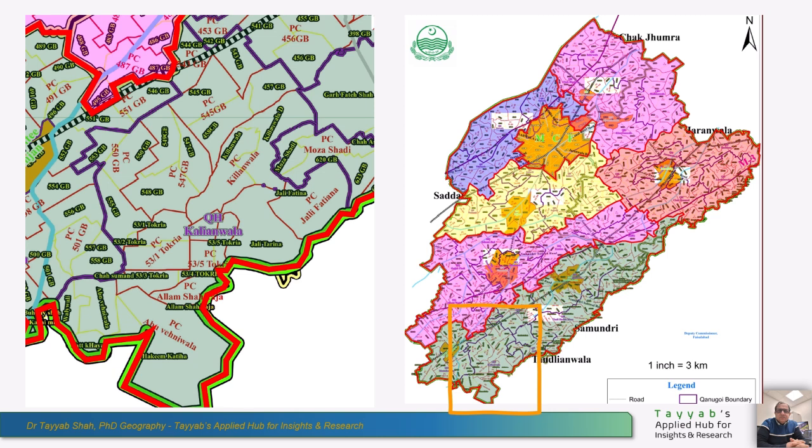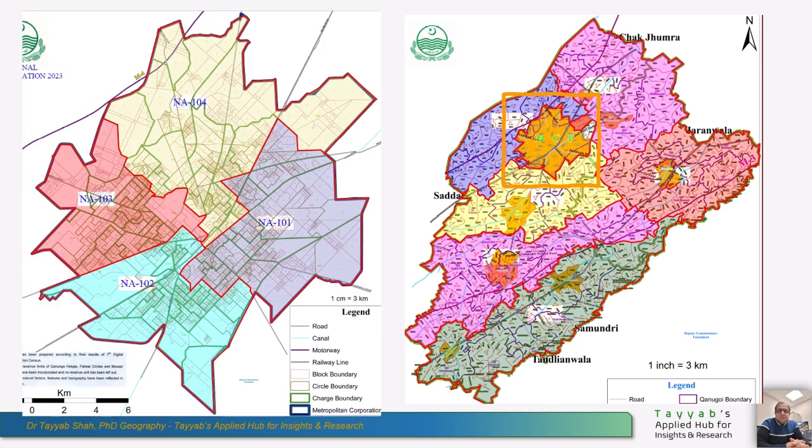If you go to a certain area, you can see PC, which stands for Patwar Circle, and in the middle you see QH, which is Kanun Halka. Within the Kanun Halka is the Patwar Circle, and the Patwar Circle has a light yellow line. These are the mauzas or villages. That's more in a rural area, but in an urban area this becomes the charge, and these are the circles. So the names normally change in urban or rural geography.